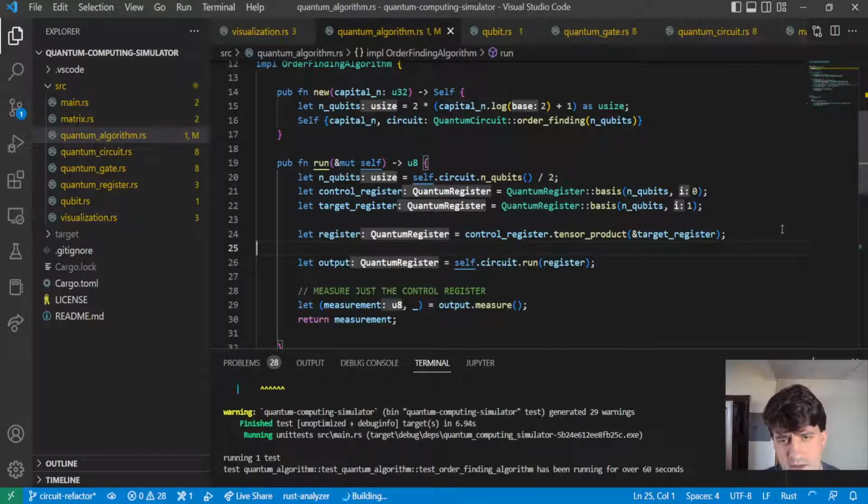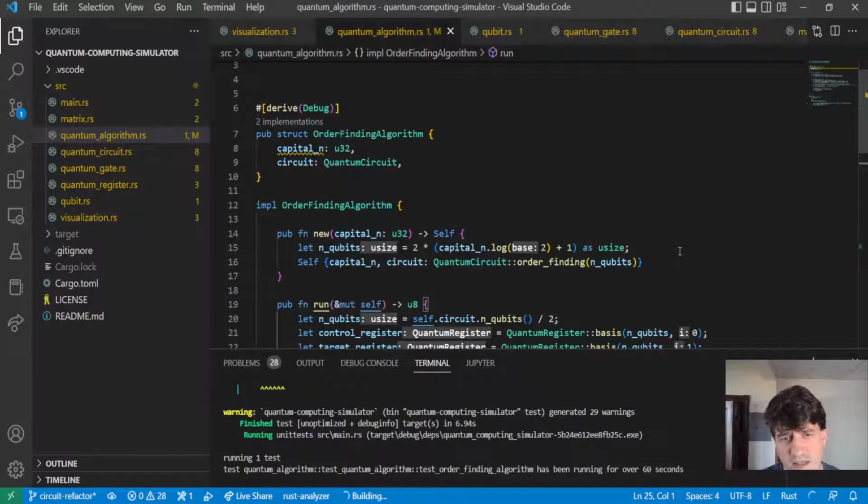So, the circuit has a vector of... The thing is, most everything that we're allocating is heap allocated. It's mostly vectors.